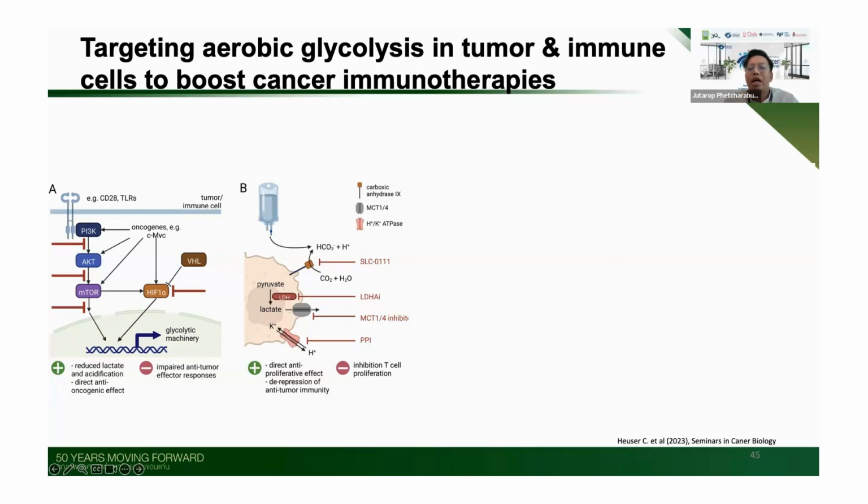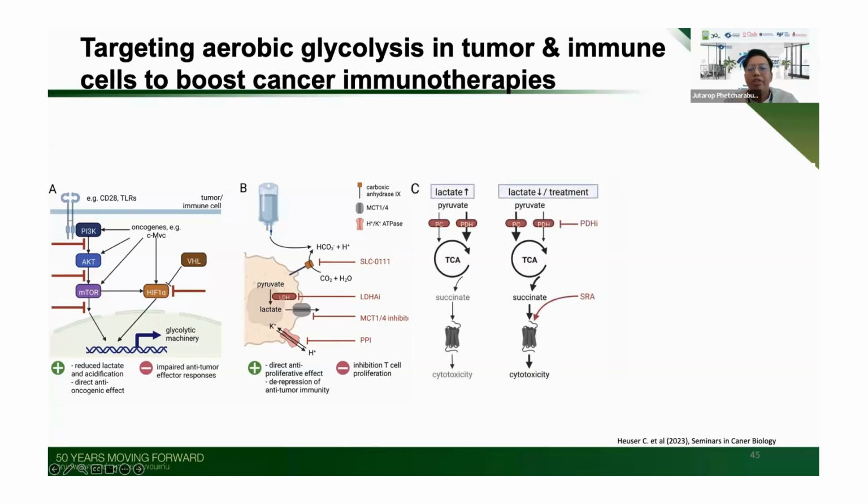And extracellular carbonic anhydrase produces the protons and bicarbonate, which is used for the intracellular pH buffering as well. So these strategies, in addition to repressing anti-tumor immune responses, can have direct anti-proliferative effects on both tumor and T cells.